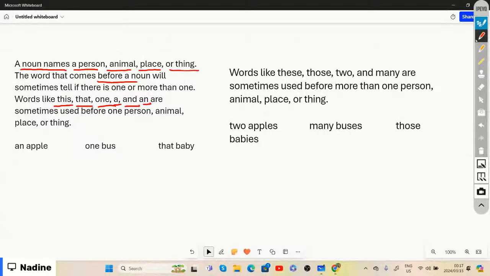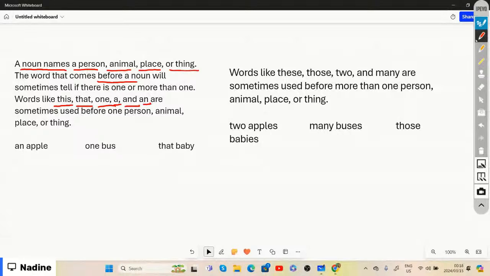Or we can say an apple, the apple. That refers to one apple. This baby or that baby means we're referring to that one specific baby.